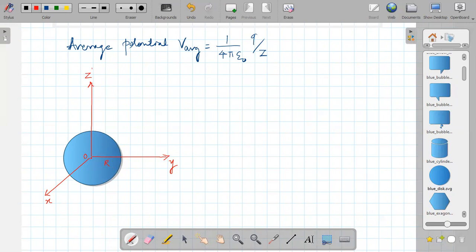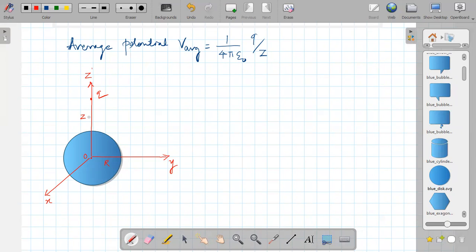Then we will assume a charge particle Q along the z-axis. Suppose this is a charge particle denoted by Q along the z-axis.